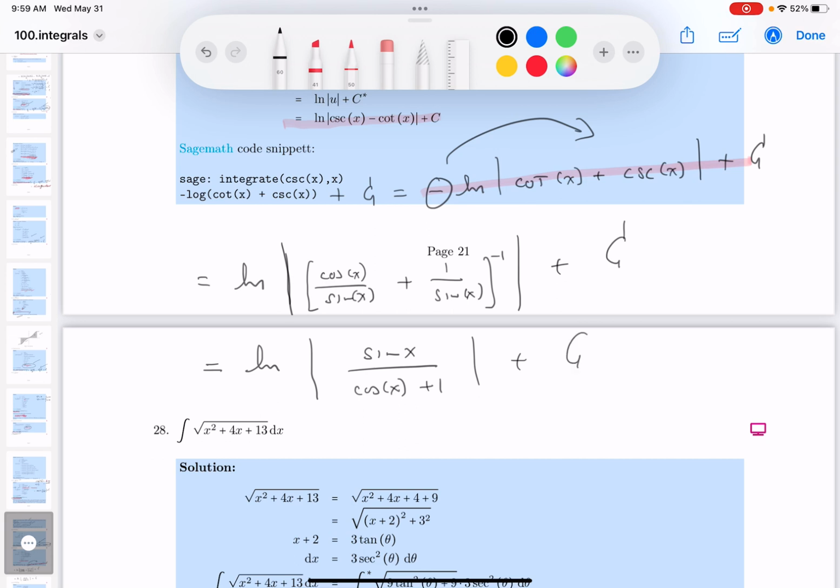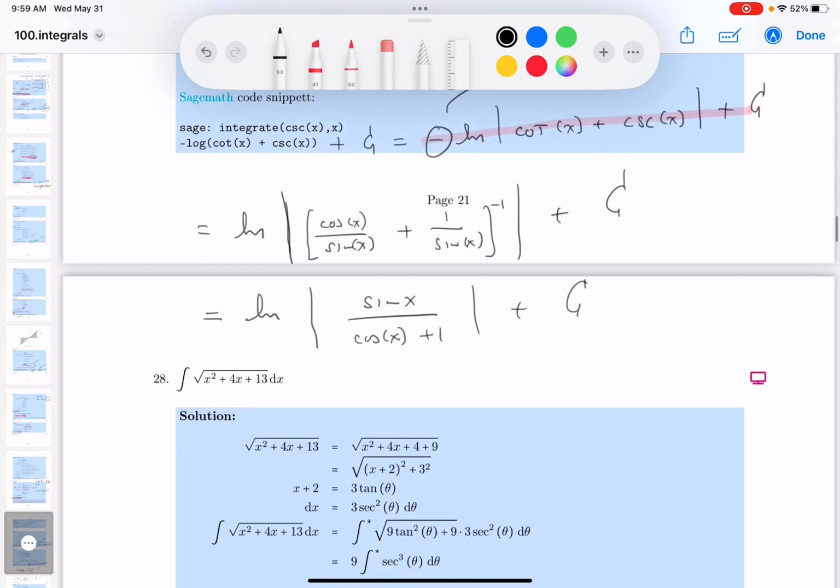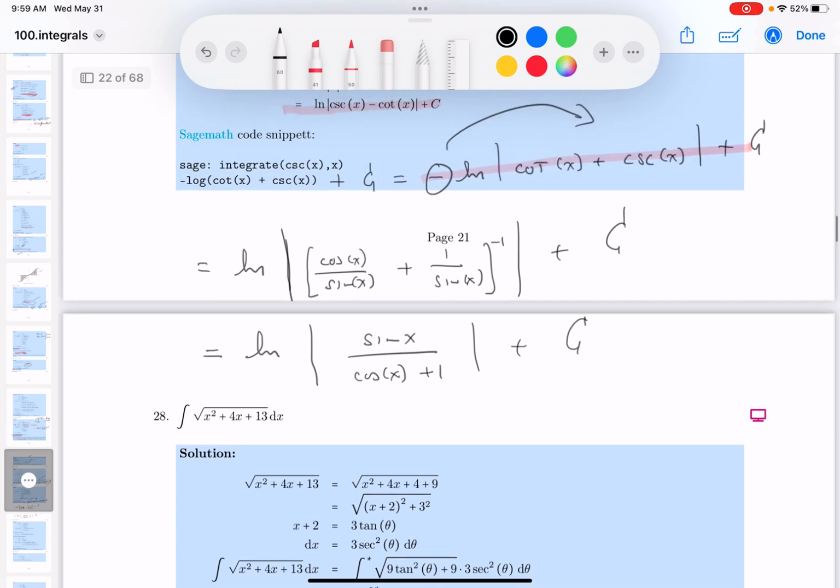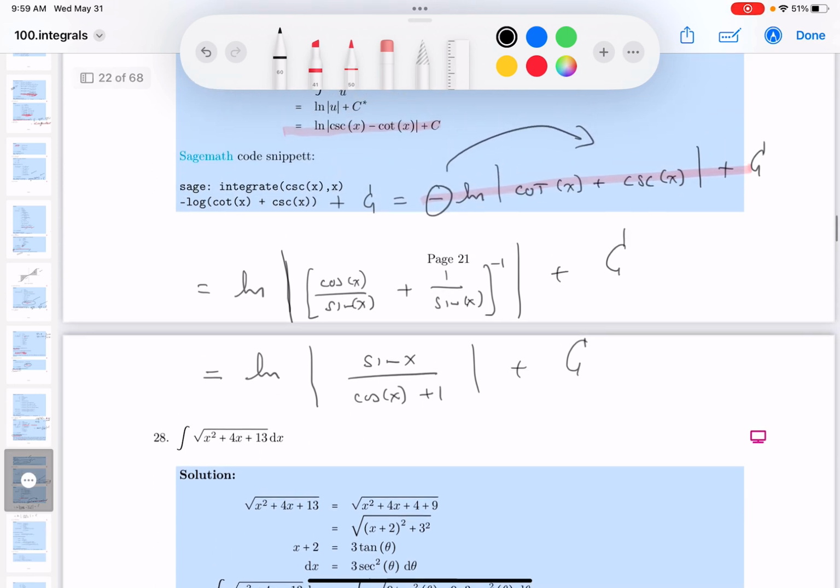Again, I'm looking at that and wondering, is it really an equivalent answer, who knows? I think what I'm going to do is multiply top and bottom by the conjugate of the bottom. So let's write this over here. So what do you get? ln, that's going to be sine x times cosine x minus 1.